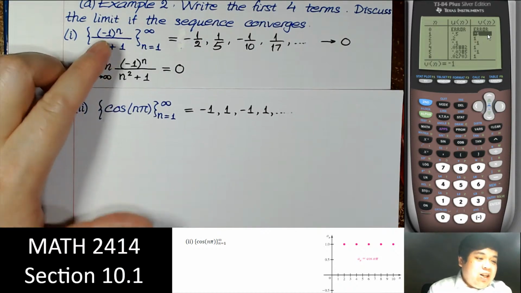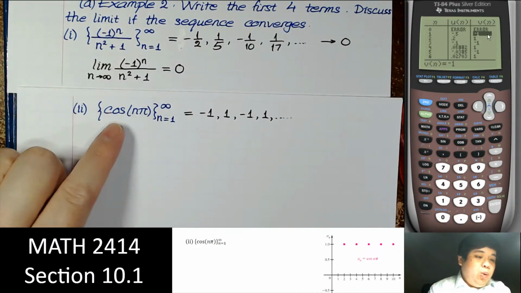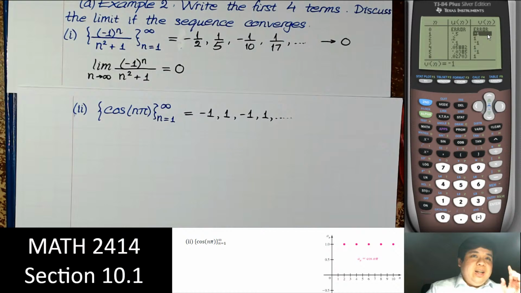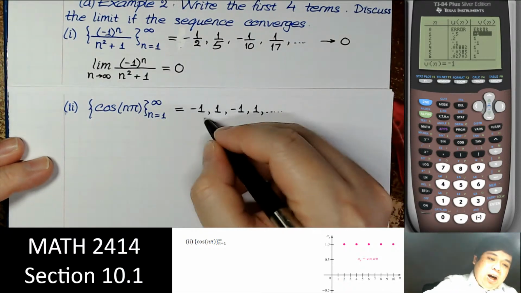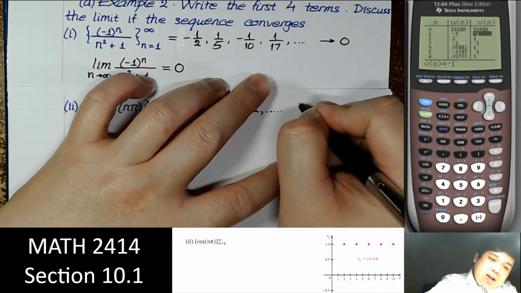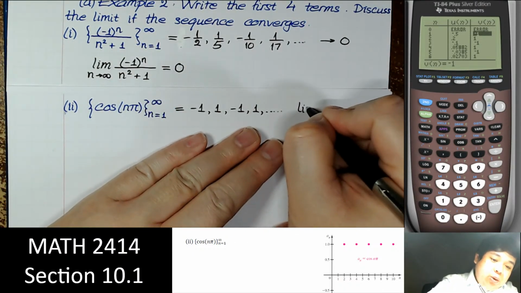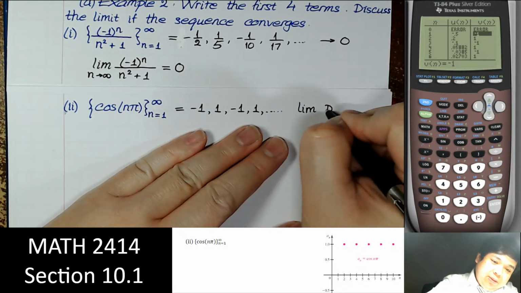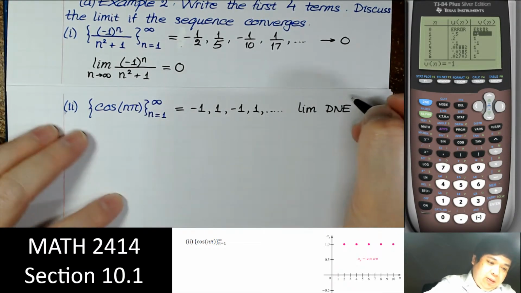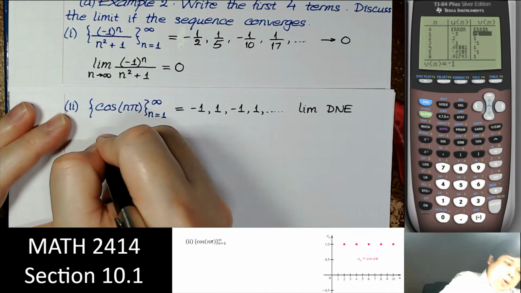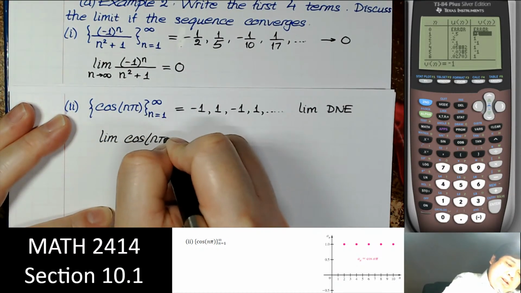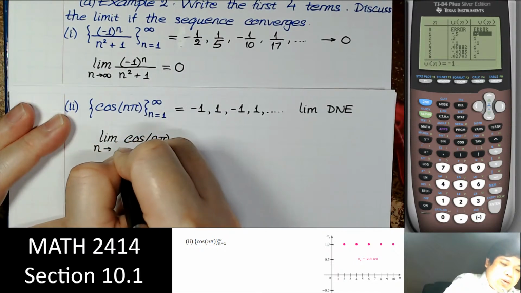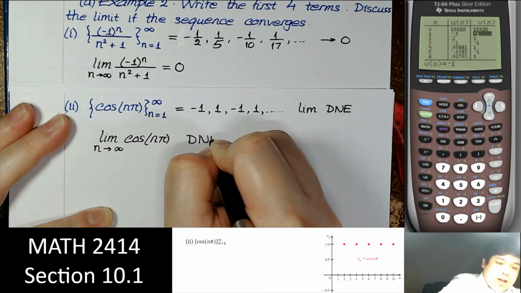So rather than writing -1 to the n power, we can also write that, which alternates the signs as well. Now, if it's switching between -1 and 1, the limit does not exist because it does not approach a number. Or we say the limit of cosine of n pi as n goes to infinity does not exist.